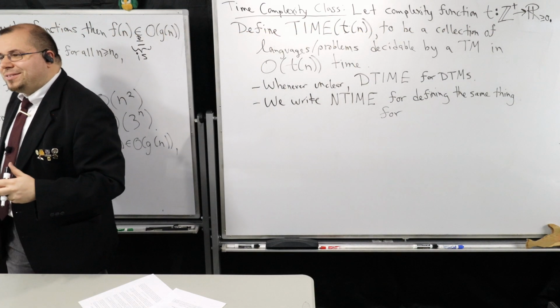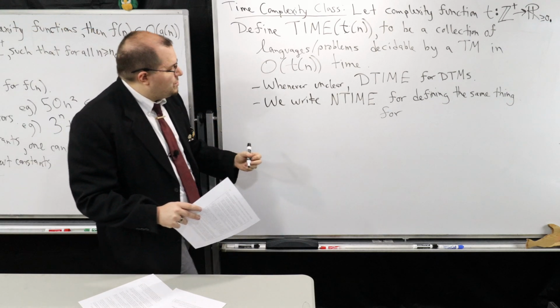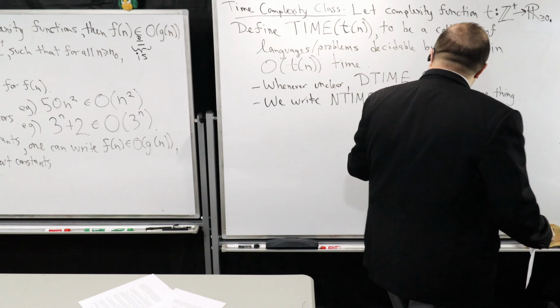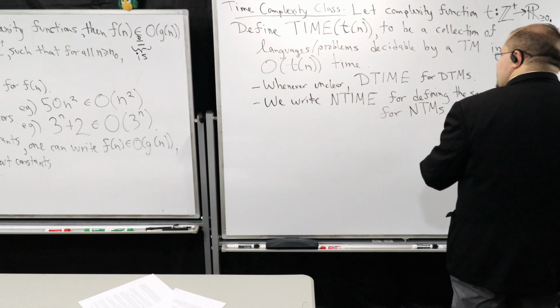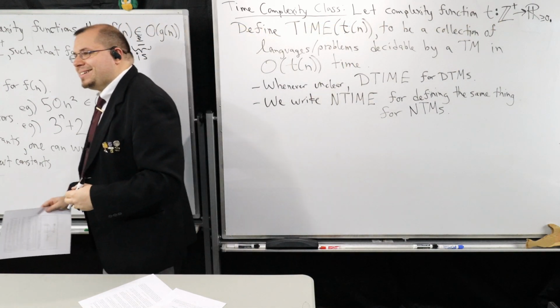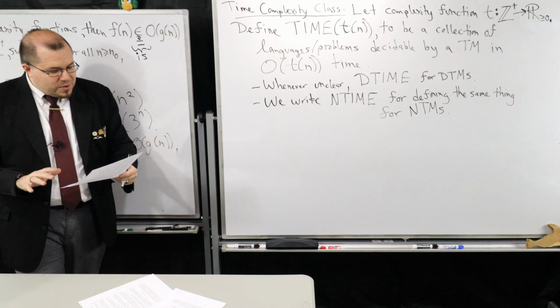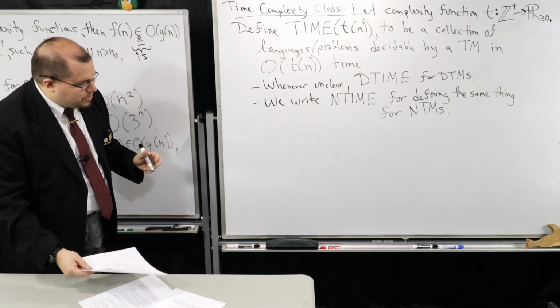I'll tell you, N time, that's for our non-deterministic Turing machines. So just like D time is for the DTMs, this is for the NTMs, the non-deterministic Turing machines. Yeah, exactly. Very good.